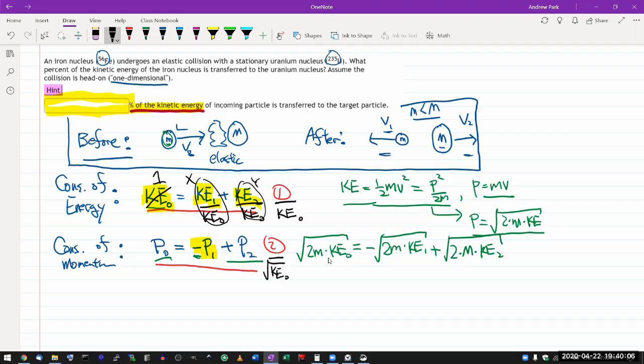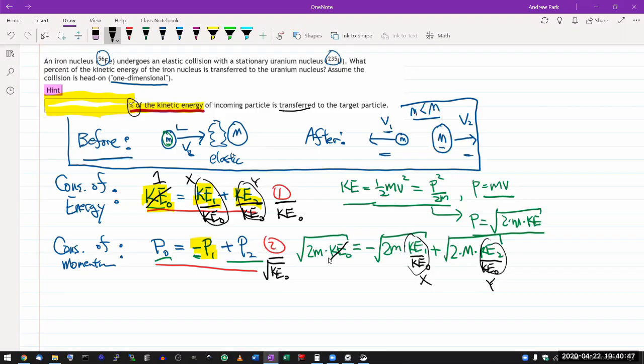When I do that, this KE0 goes away, and I have under the square root KE1 divided by KE0, and the second term under the square root KE2 divided by KE0. So let me just use those labels. I'll call this x, call this y, and basically my task is to solve for the unknowns x and y. And once you have x and y, then you can see how that relates to the percent of kinetic energy transferred.